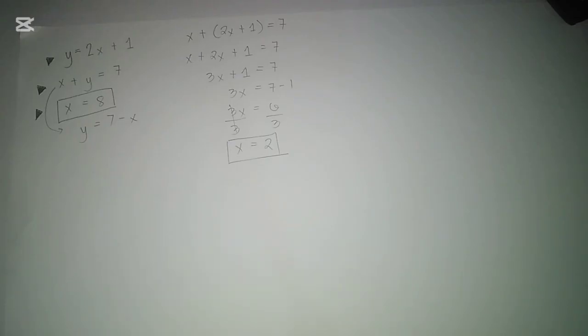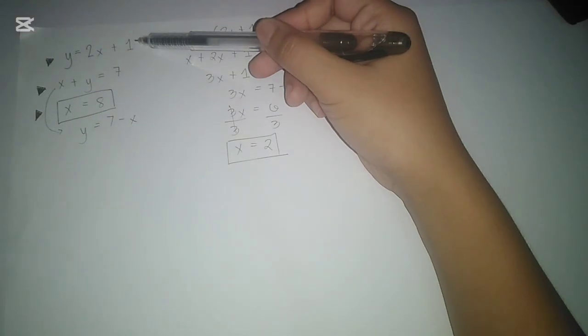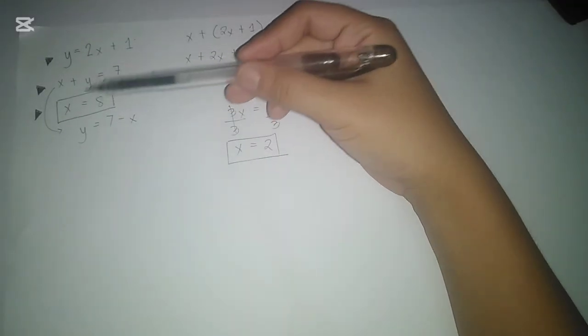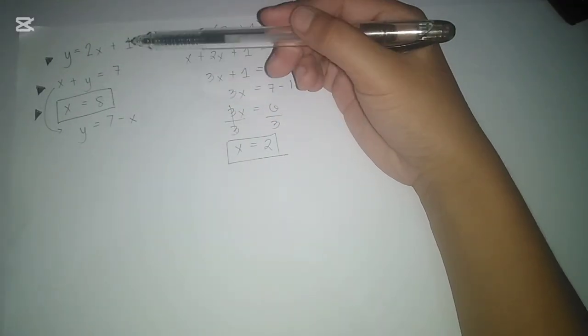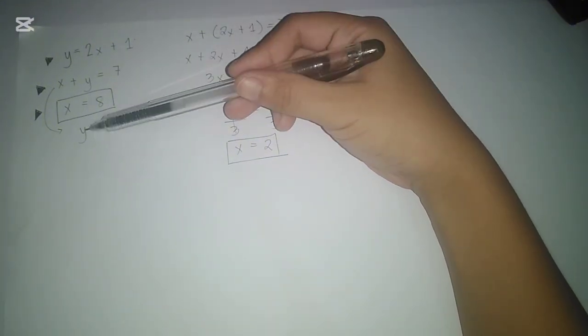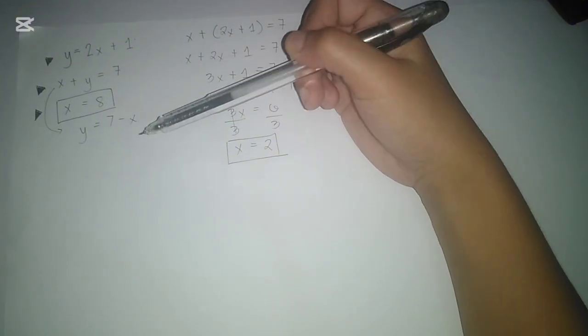We have here the given problem: the lines y is equal to 2x plus 1, x plus y is equal to 7, and x is equal to 8. Now we rewrite x plus y equals 7 as y equals 7 minus x.